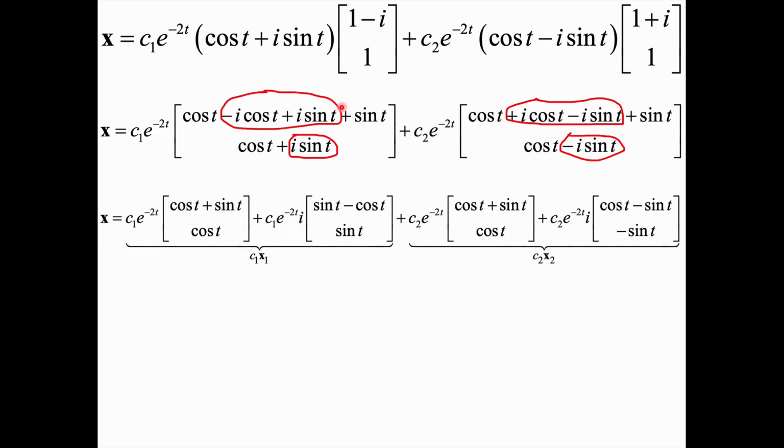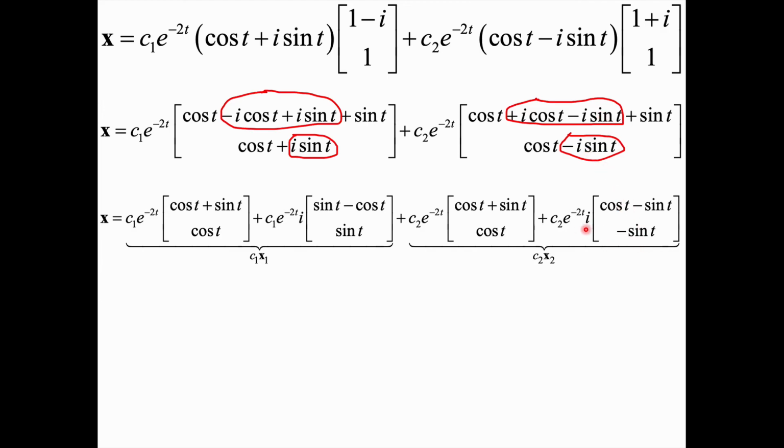And of course, everything I didn't circle is simply real to start with, so I'm going to put it to the side. Notice both have the constant and the e to the negative 2t as multipliers still. We'll call that C1 times, we'll call that x1 solution. And on the right side, all the stuff with i, if I take out the i, I'm left with cosine minus sine and negative sine.